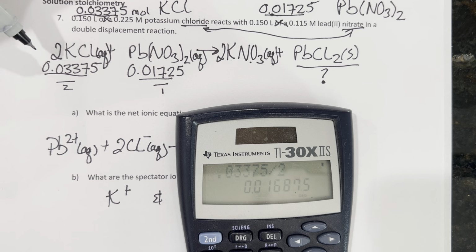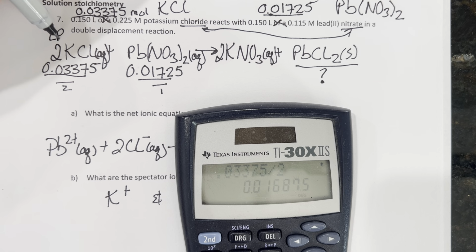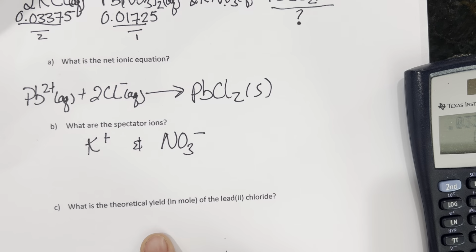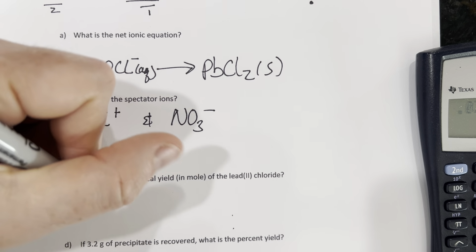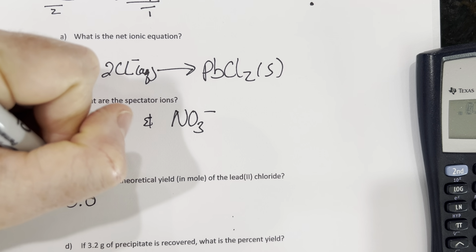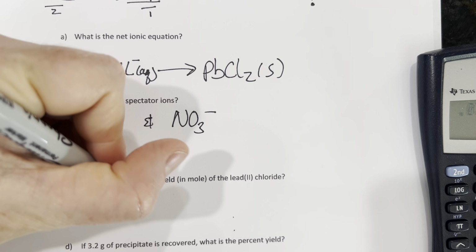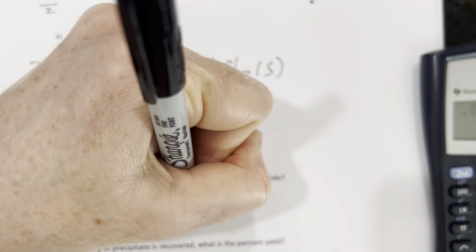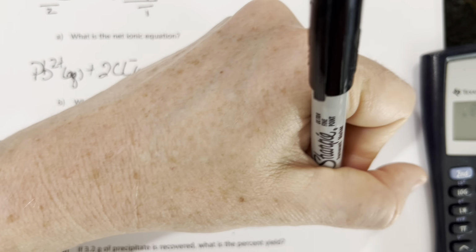I get 0.016, and this is 0.017. So this one's smaller. This is my limiting reactant. So when I go here, for my theoretical yield, I'm taking my limiting reactant amount, 0.03375, and I don't get lazy, I write mole of KCl.